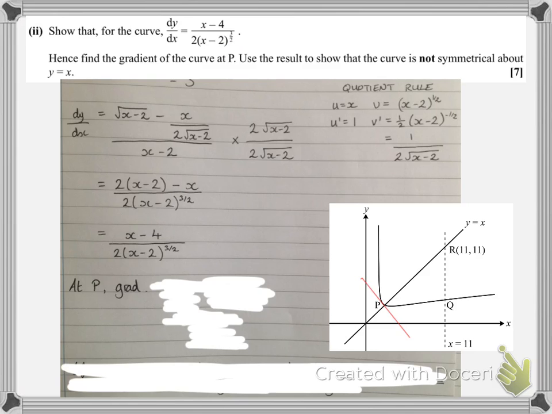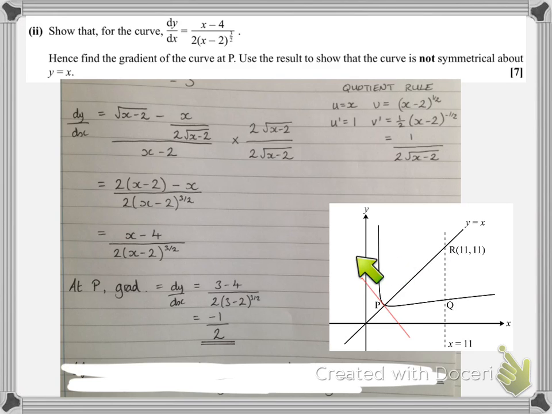So if we put into dy/dx the value of x as 3, then we've got 3 minus 4 over 2 lots of 3 minus 2 to the power of 3 over 2, which gives us minus a half. Now, looking at this diagram, it looks like if this was going to be reflected in y equals x, the gradient at this point, well, this line here, which is a tangent to the curve at that point, would be perpendicular to y equals x.